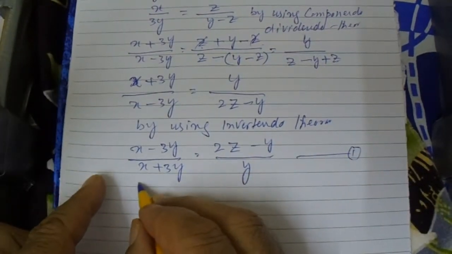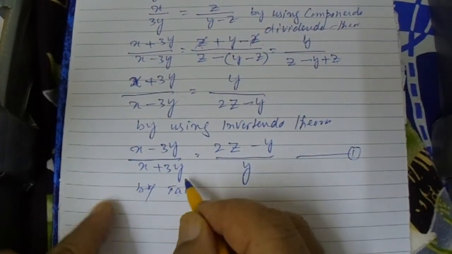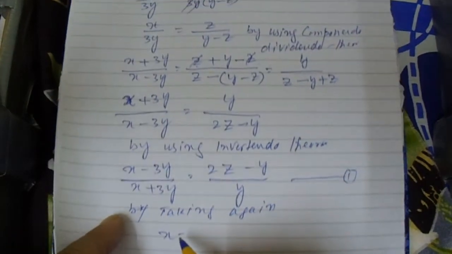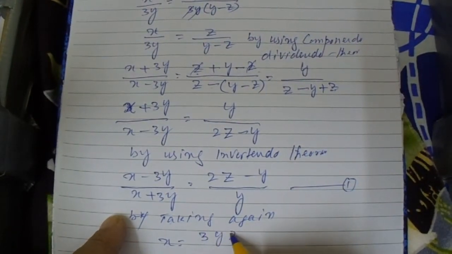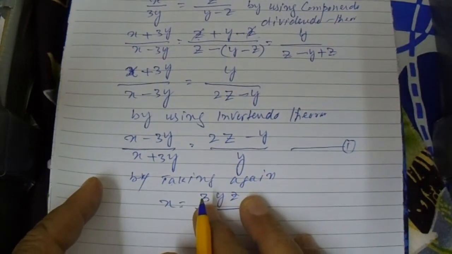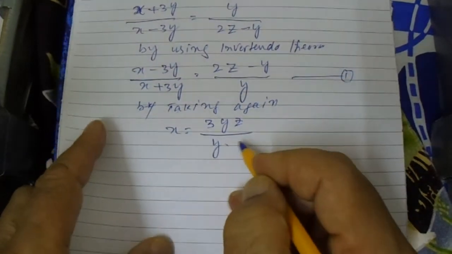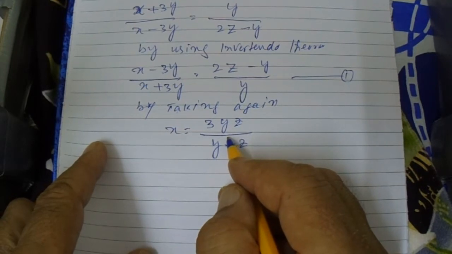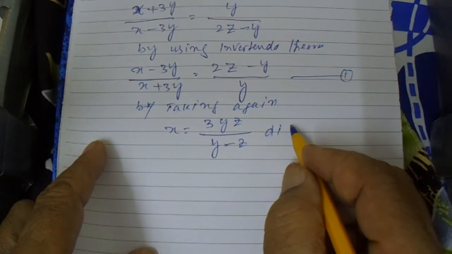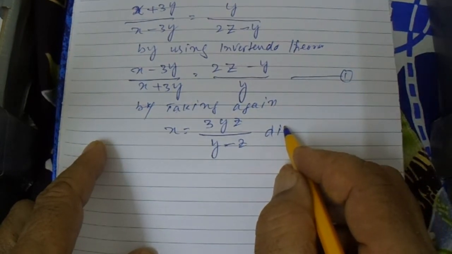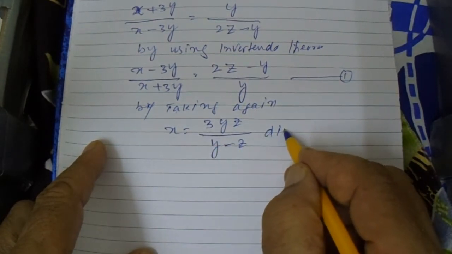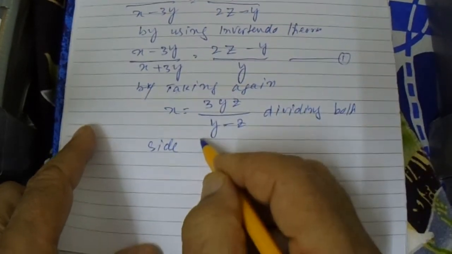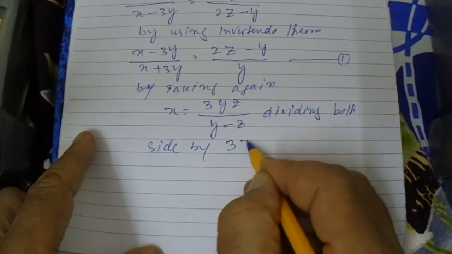And now by taking again x is equal to 3yz over y minus z, now we have to find x plus 3z, dividing both sides by 3z.